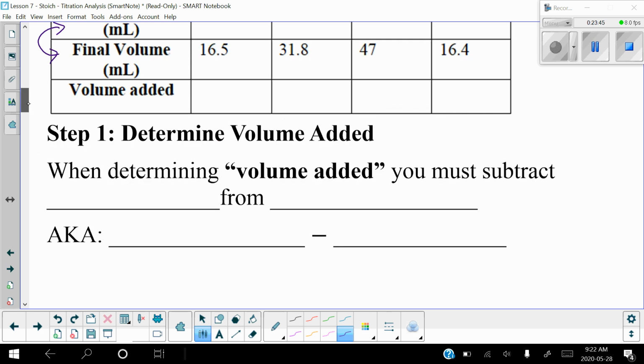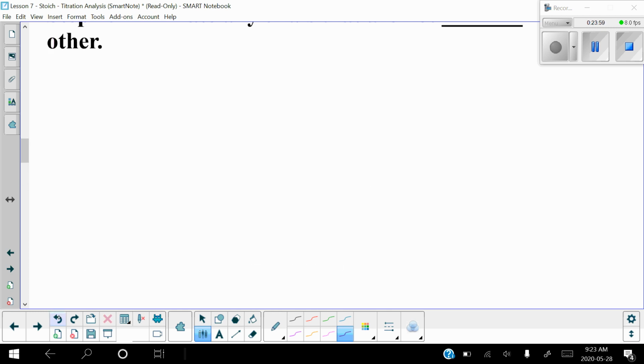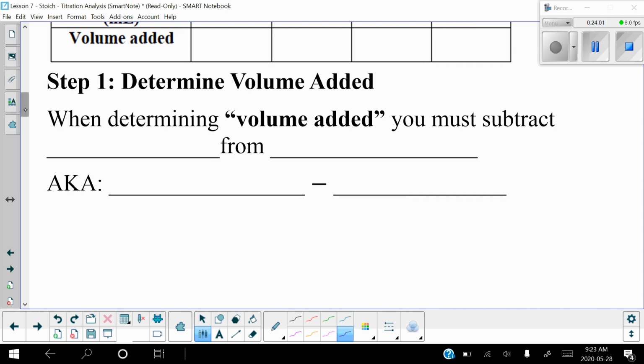So step 1, what you're going to do is determine the volume added. When determining the volume added, you must subtract initial volume from final volume, also known as final minus initial, which is a very common way of doing science.